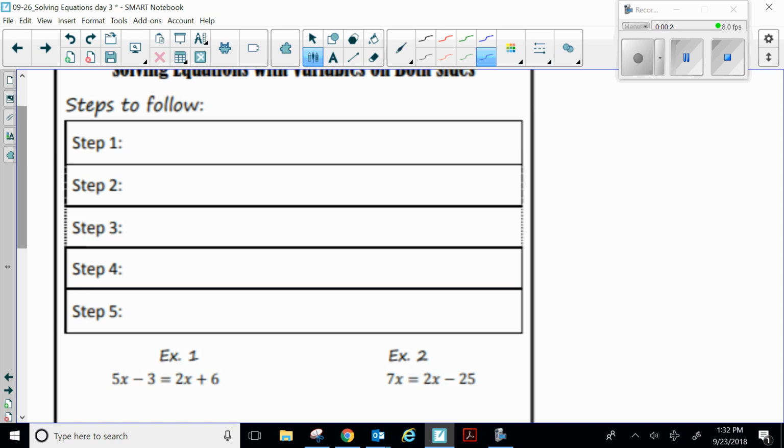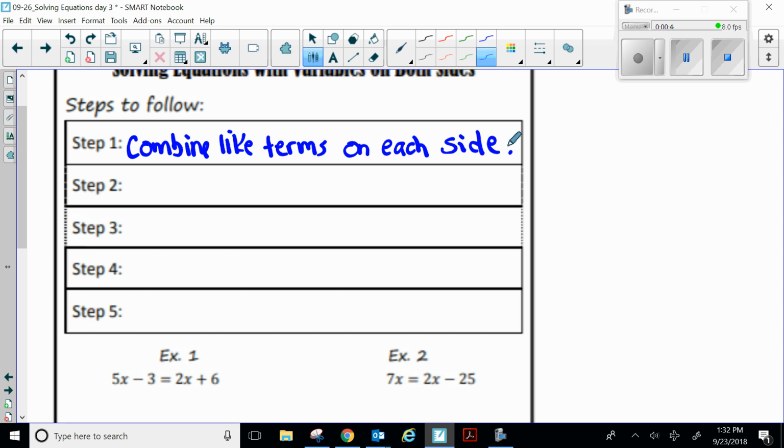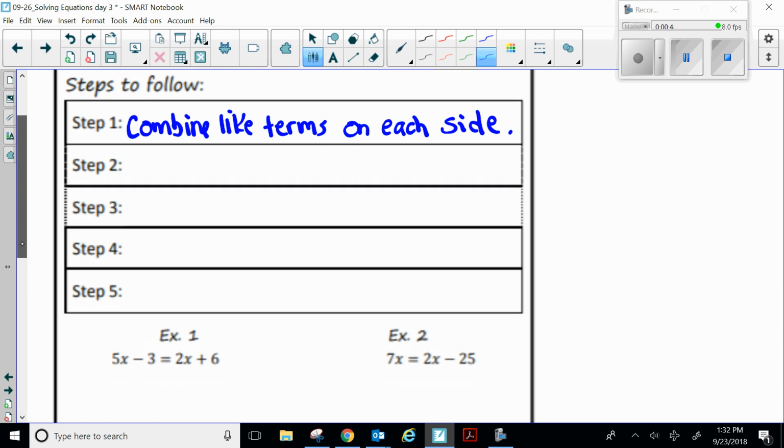So the first step we're going to look at is combine like terms on each side. Okay, so I want to combine like terms on each side of my equation.